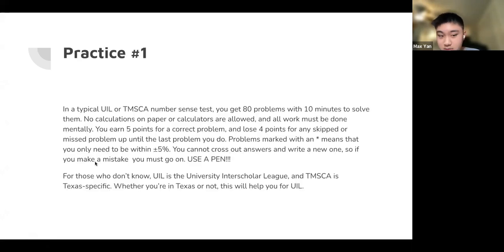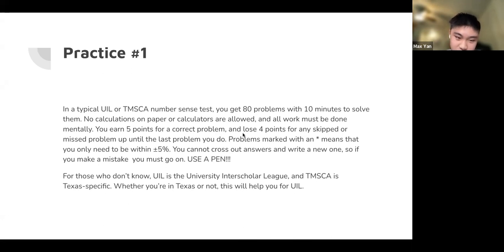Okay, so in a typical UIL or TMSA number sense test, you have 80 problems in 10 minutes, you can't have any calculations on paper or calculators, and all work you do has to be done mentally. You get 5 points for correct answers and you lose 4 points if you skip or miss any of them until the last problem you do.